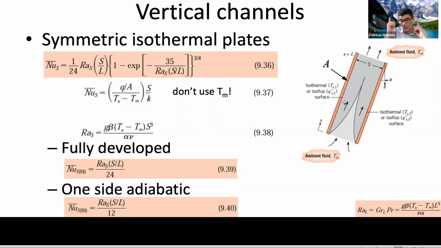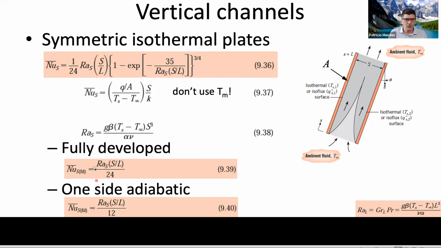Something interesting to connect things: in internal flows with forced convection, we used to have a mean velocity and a mean temperature, Tm or Um. But now we don't. Now we have the temperature of the plate and the temperature of the fluid around.